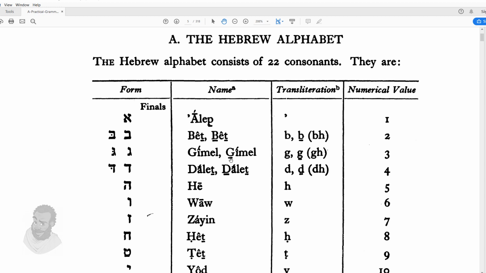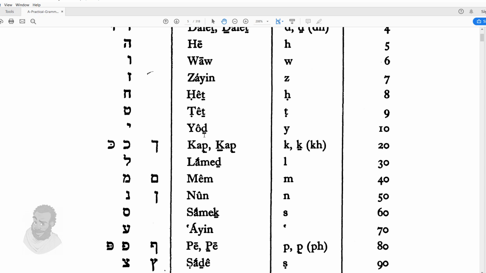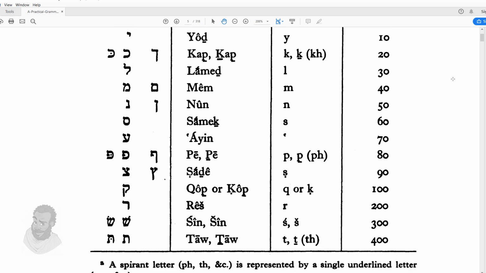You have Gimel, Daleth, Zaleth, He, Waw, Zayin, let's continue, Heth, Teth, Yod, Kaf, Chaf, Lamed, Mem, Nun, Samekh, Ain, Pe, Fe, Tsadi, Kof or Chof, Resh, Shin, Sin, Tau, Thau. Okay.